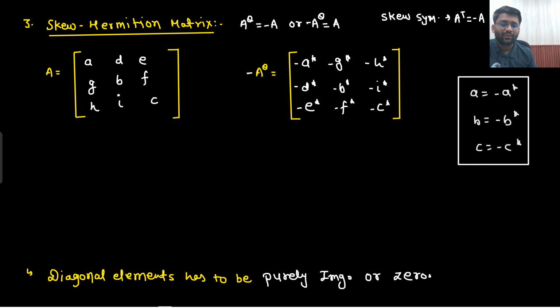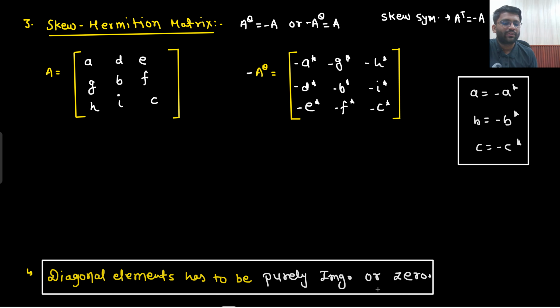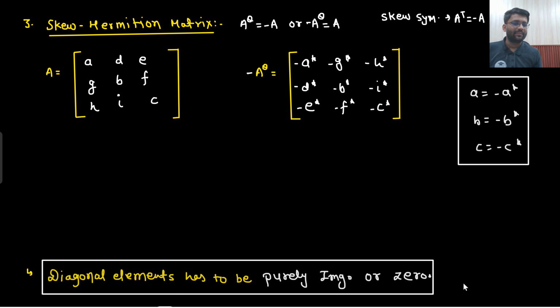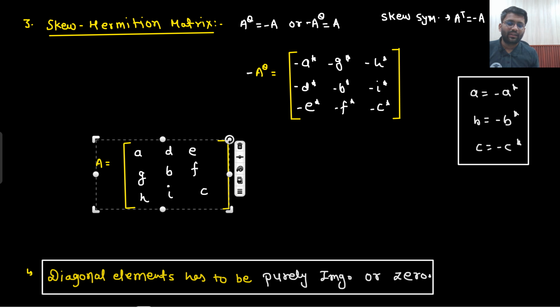Okay, this is also an important conclusion, or you would say this could be asked in 1 mark, that which of the following statements are true. For a skew-Hermitian matrix, the diagonal element has to be purely imaginary or 0. For a Hermitian matrix, the diagonal element has to be real. Understandable? Very straightforward, very simple. Similarly, now you can frame your skew-Hermitian matrix very easily.